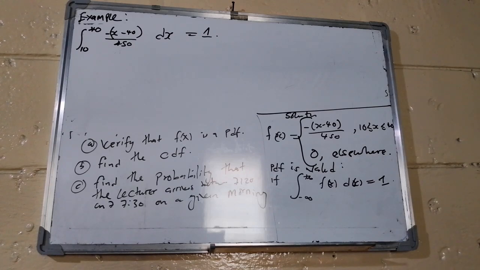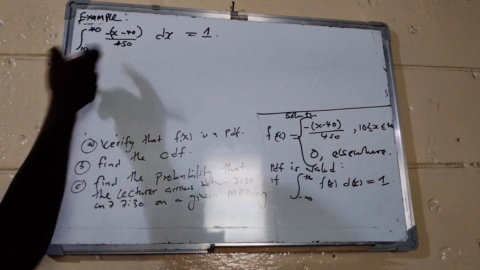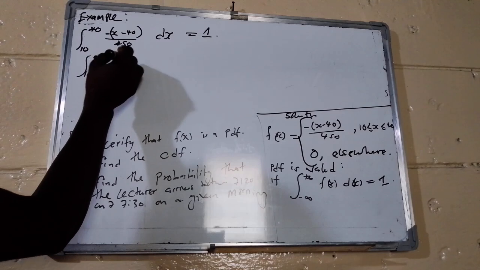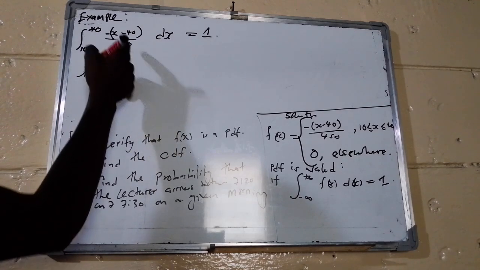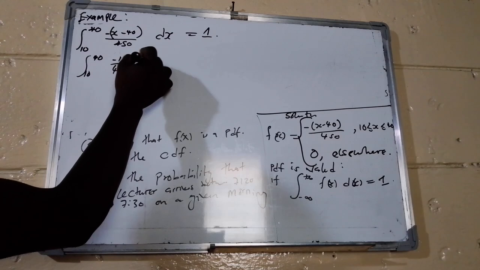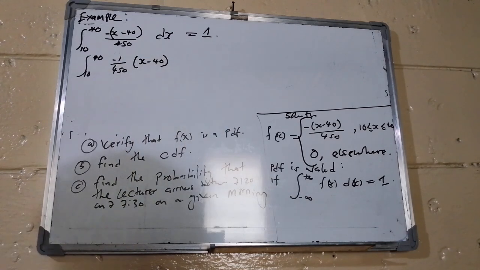I'm sure you can still remember your integration rules. That's what we're doing here. So now, if I'm integrating here, I have to understand that this can still be written as the integral from 10 to 40 of negative 1 over 450 times x minus 40 dx, to be equal to 1.